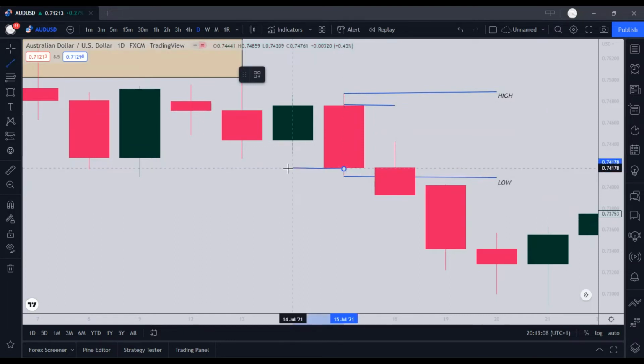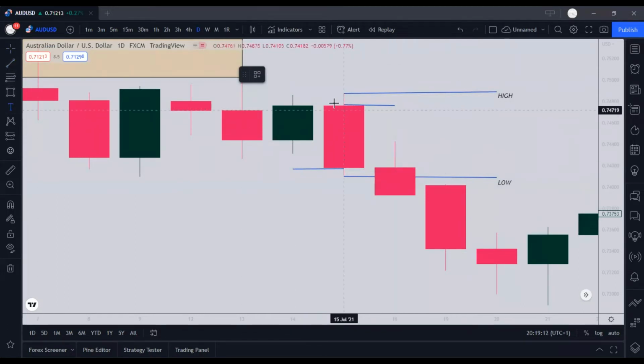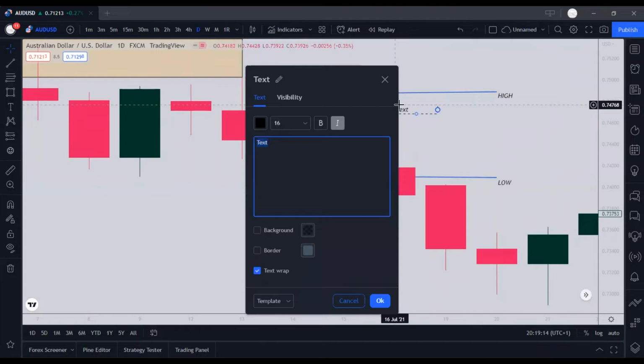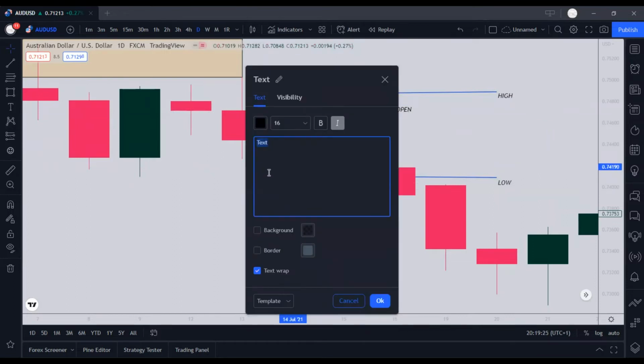So with this one, this is the open, and this is where it closes.